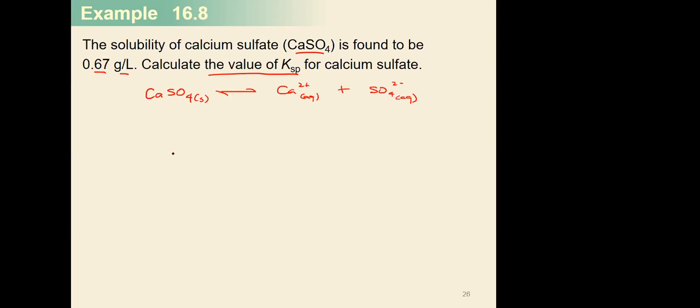And then we can put here the initial and the changes. What do you have at the beginning here? None. And what are the changes that you have here? We can use the value S instead of X.